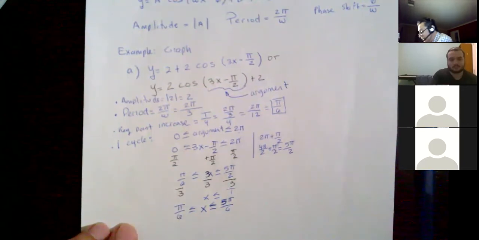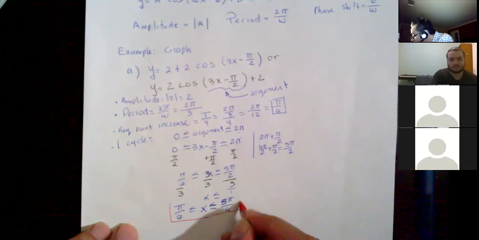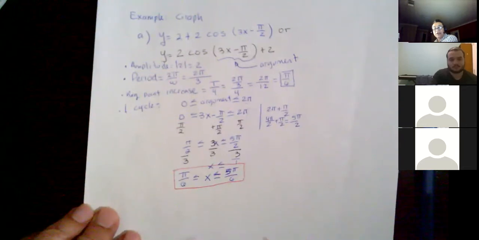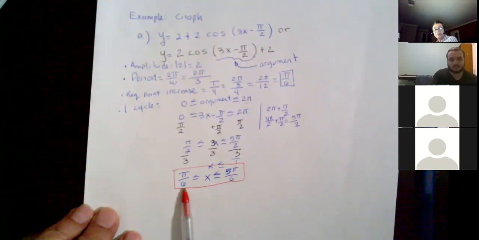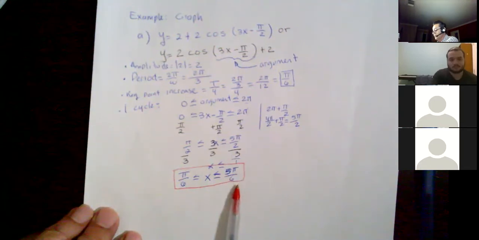This is the period. I'm sorry, this is one cycle, you guys. So when we find one cycle, we're going to start at pi over 6, and we're going to end at 5 pi over 6.